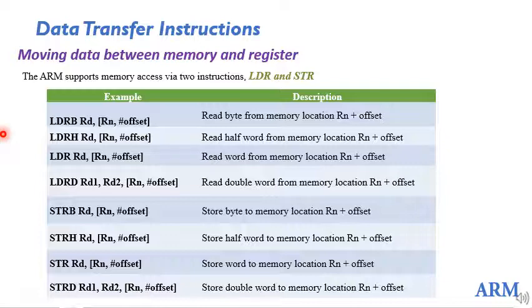Based on the size, you have LDRB for transferring a byte, LDRH for transferring a half word, that means 16 bits, LDR for transferring 32 bits, and LDRD for transferring a double word, that is 32 plus 32, 64 bits.